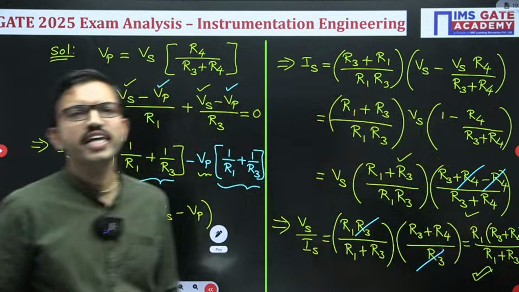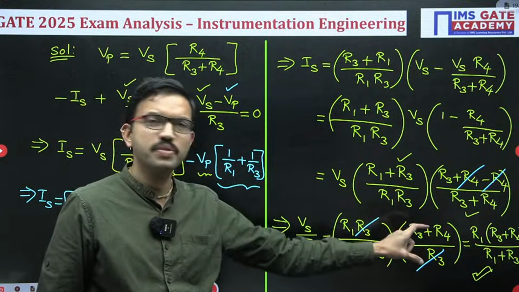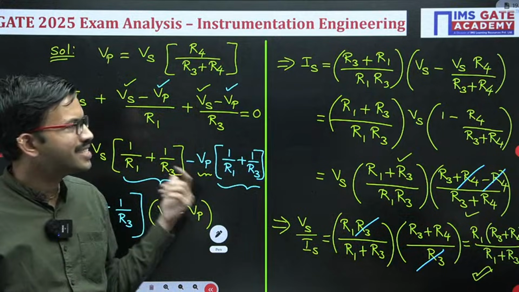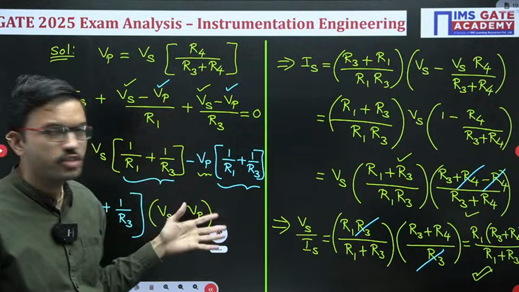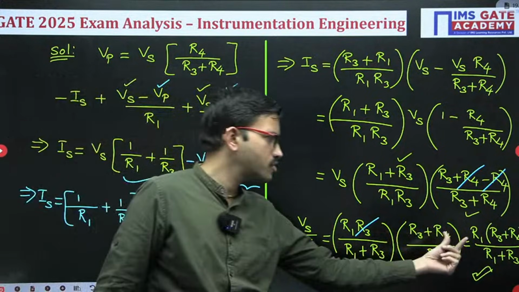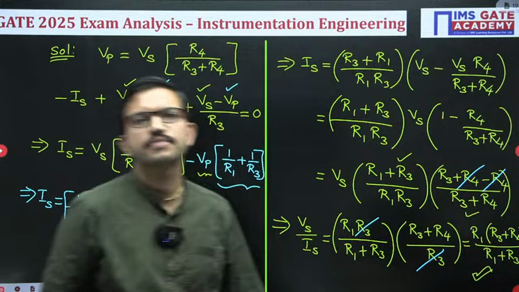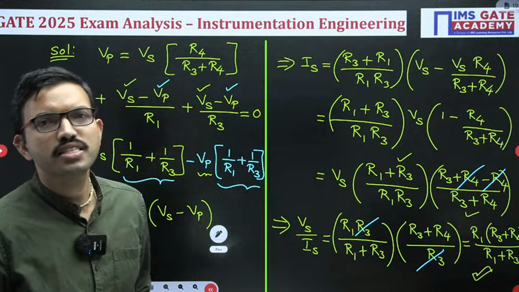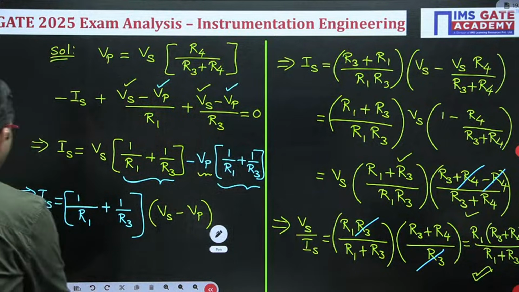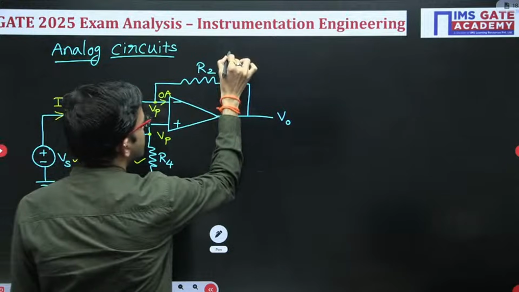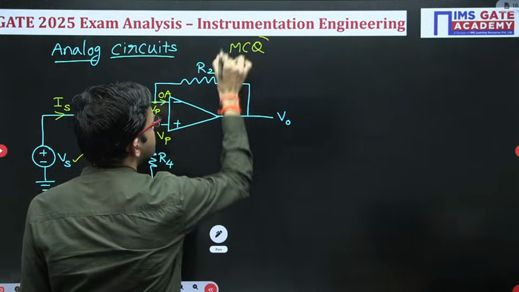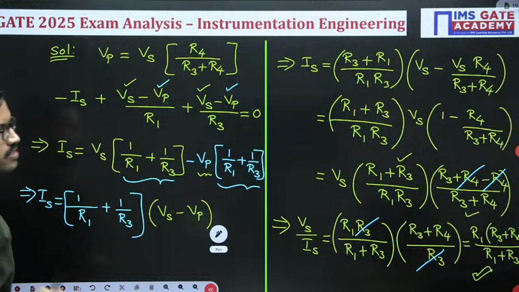Yeah, Bindusri, I hope you might have got this expression in the given question. Since the question is MCQ, you might be having 4 choices. In that, one of the choices you might have got exactly like this. Bindusri, just confirm. This is the MCQ question, Vs by Is.